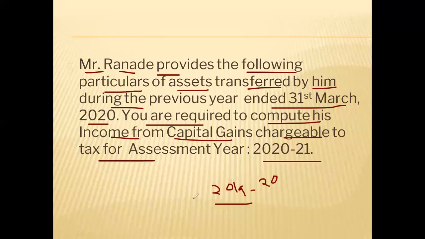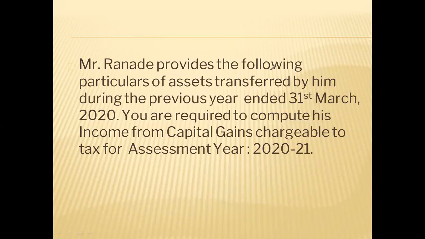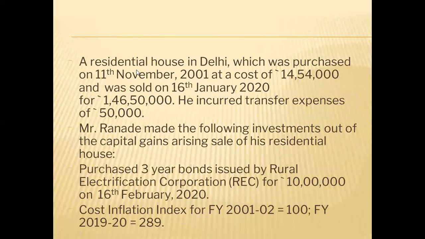Clear? Now the details are given in the next slide. If you see, a residential house in Delhi was purchased on 11th November 2001, so the date of purchase comes under the year 2001-02. He purchased the house for 14,54,000.